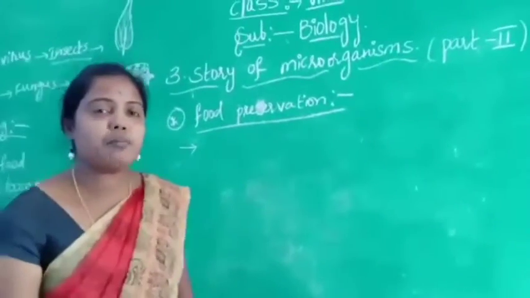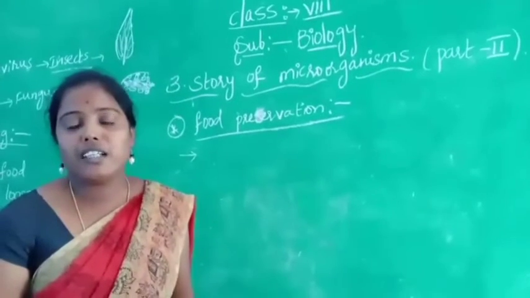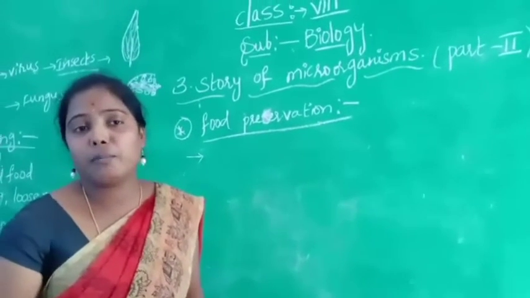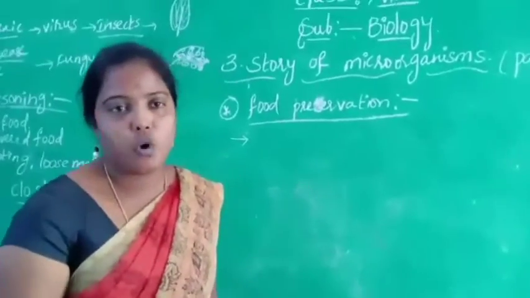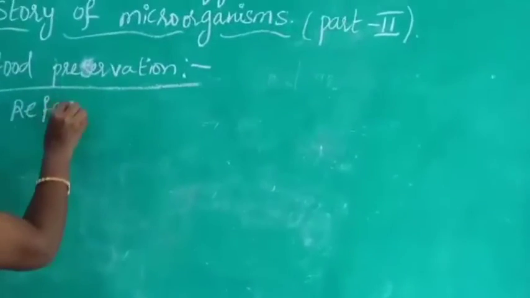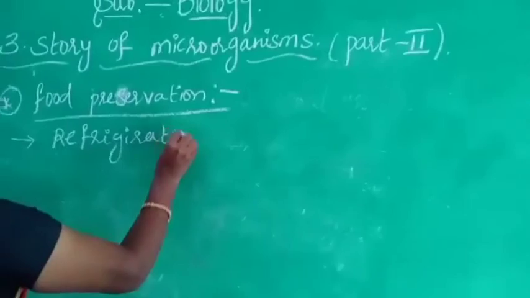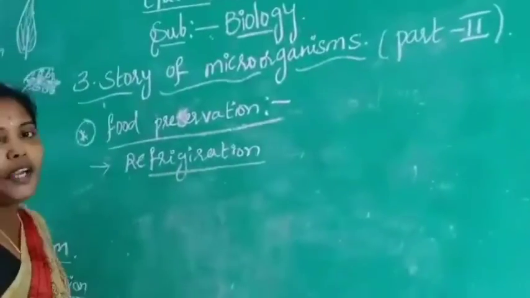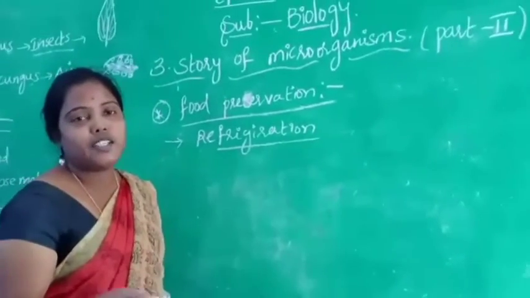Milk is preserved after boiling, then after lunch or dinner we are preserving extra food items in our refrigerator. So what happens here? Refrigeration avoids the spoilage of food.